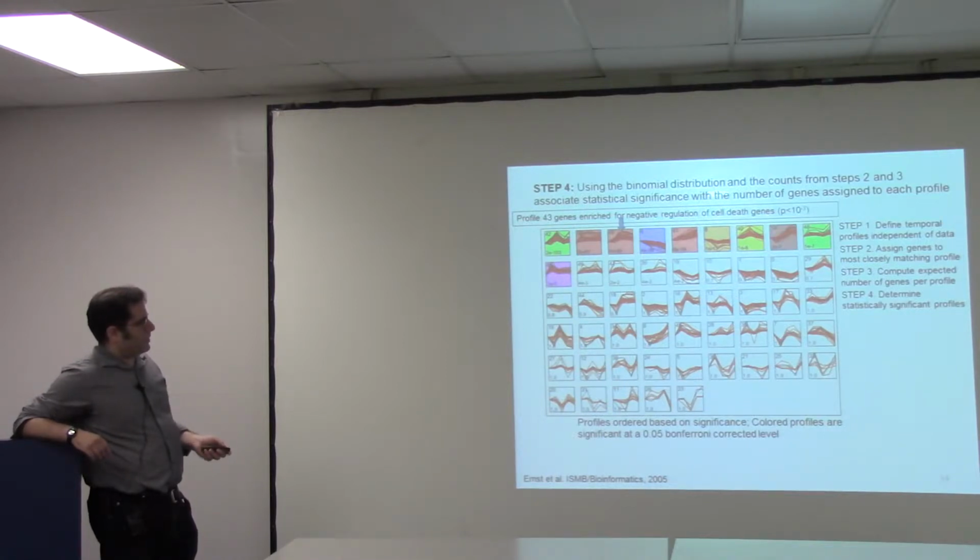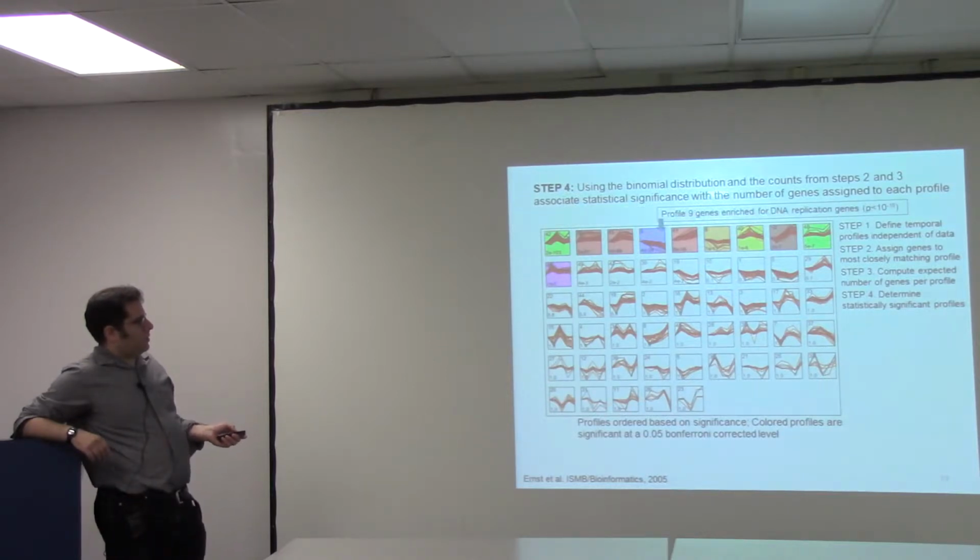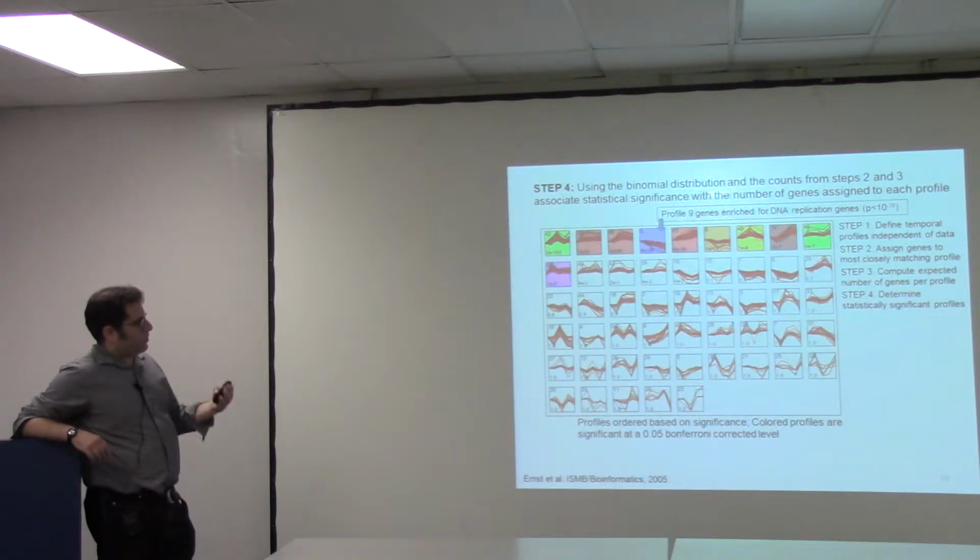So for example, it's saying that this profile was associated with negative regulation of cell death genes, and this was looking at a time series looking at an effect of pathogen stimulation. And then another one associated with DNA replication would go straight down initially.